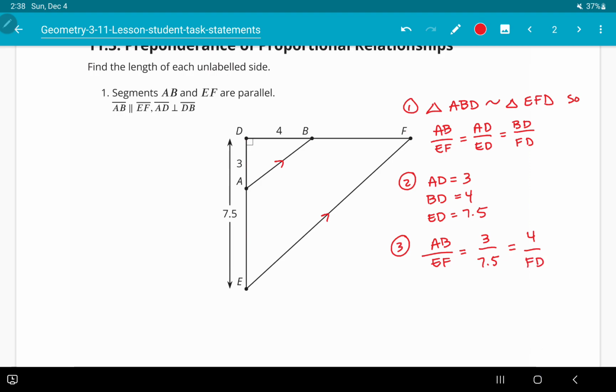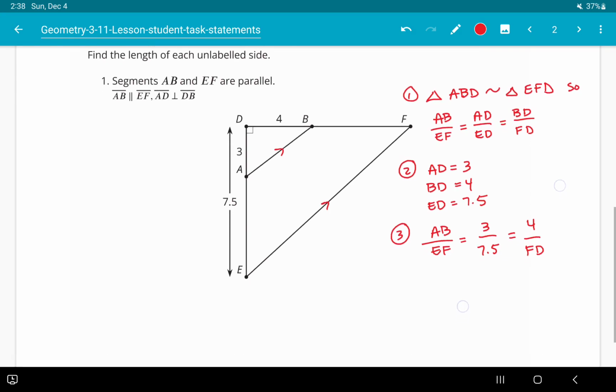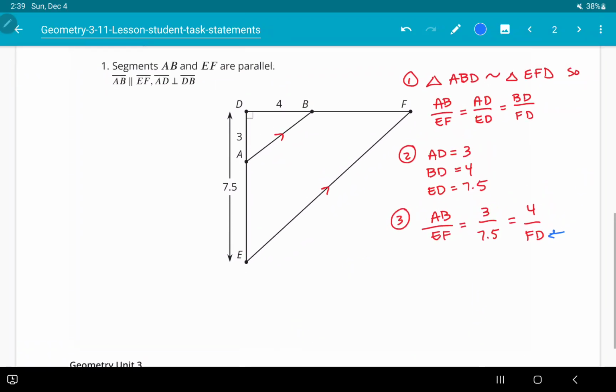Okay, so now we should be able to start solving some of these. The first one we could probably find the easiest is going to be FD. So I'm going to do that one over here. I'm going to use just this part of that proportion to say that 3 over 7.5 equals 4 over FD.